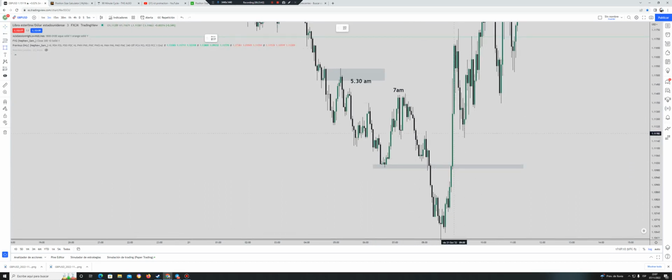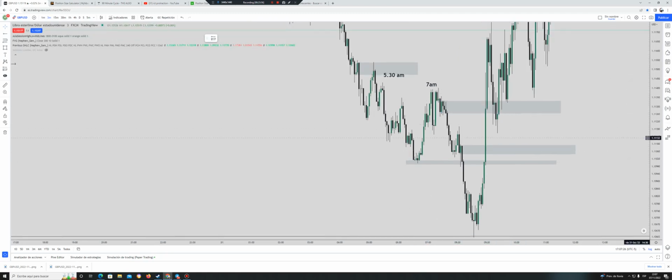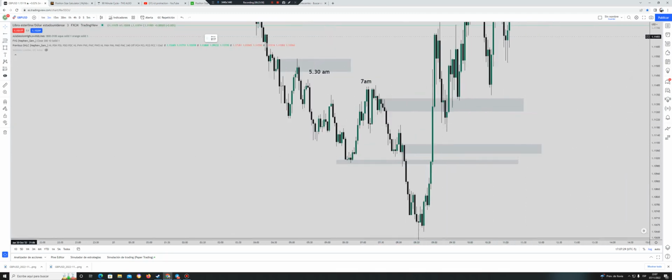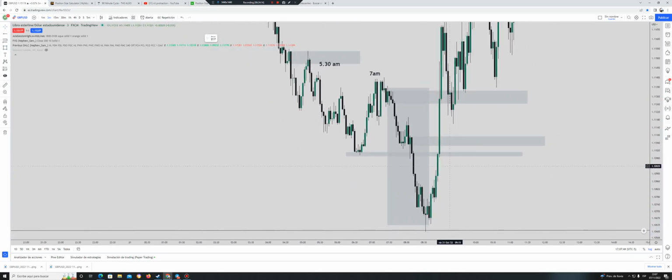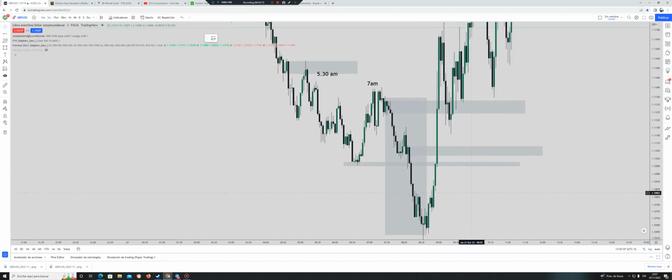And now the smart money traders are going to try to sell here on this other block, and here on this other block. But what they don't know is that this is the protraction market phase. This is the fake move. The CLS is taking price down on purpose, making them think price is going to keep going down, and they're going to try to sell here, here, and here.